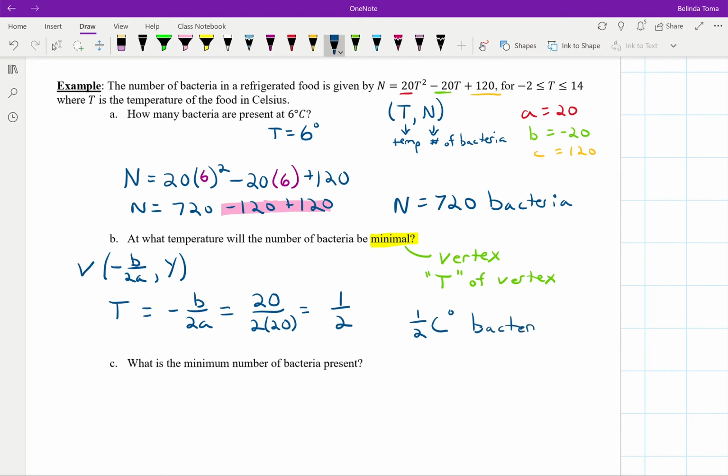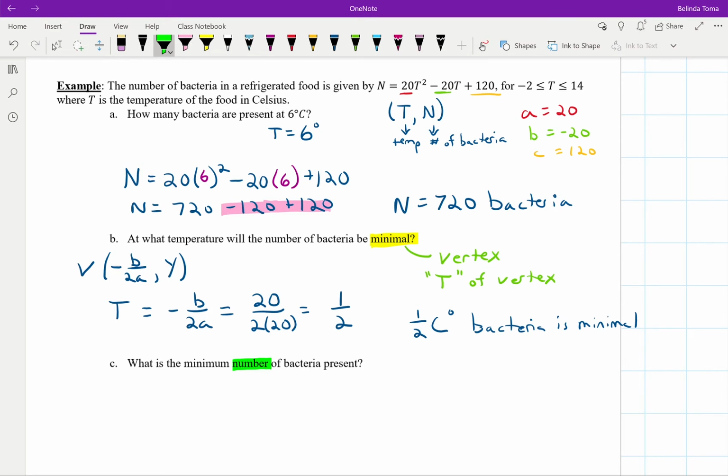So now in the next part, it says, what is the minimum number of bacteria present? So again, we want to look for these clues. The number is the y of the vertex, or what we get out when we put in a temperature of 1/2.